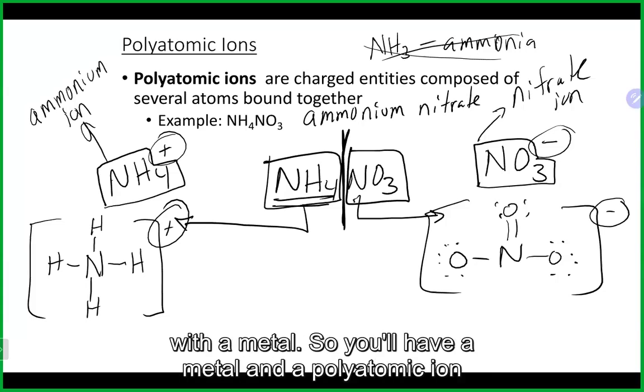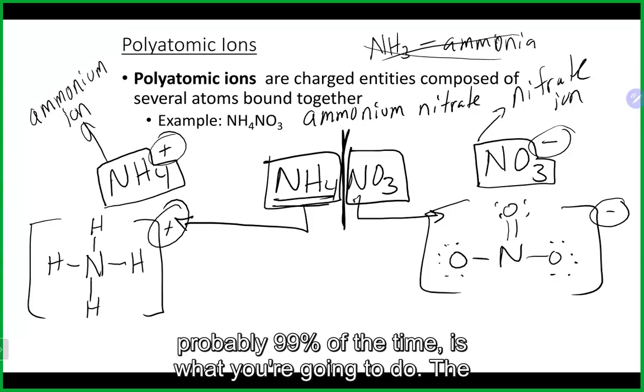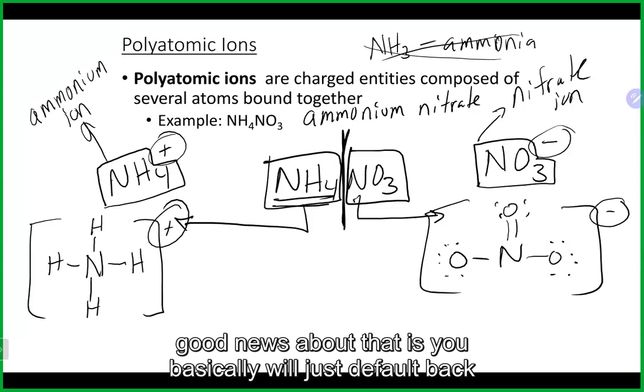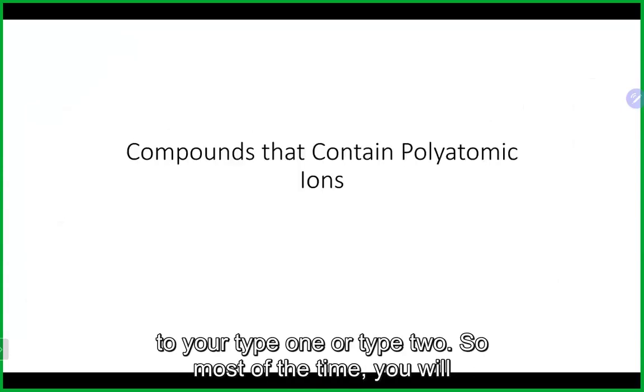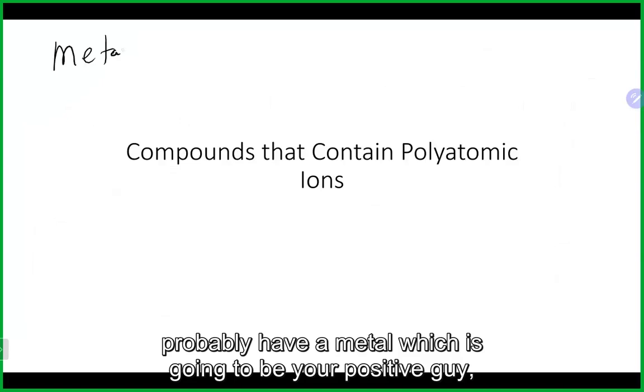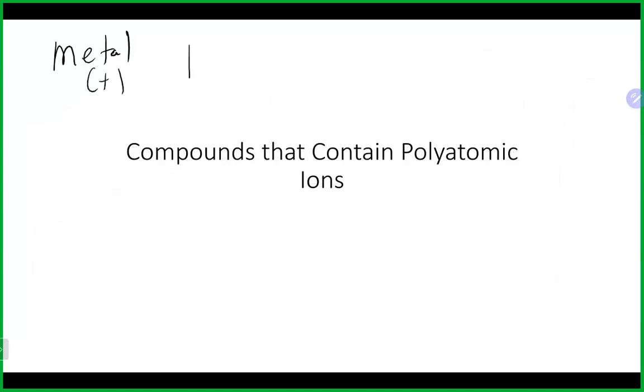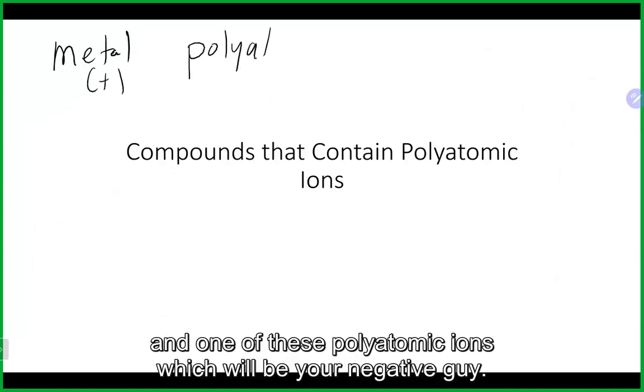The good news about that is you will just default back to your type 1 or type 2. So most of the time you will have a metal, which is going to be your positive guy, and one of these polyatomic ions, which will be your negative guy.